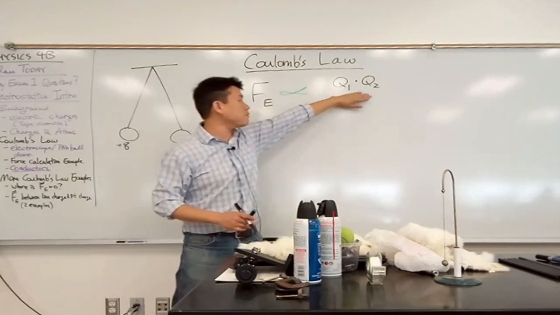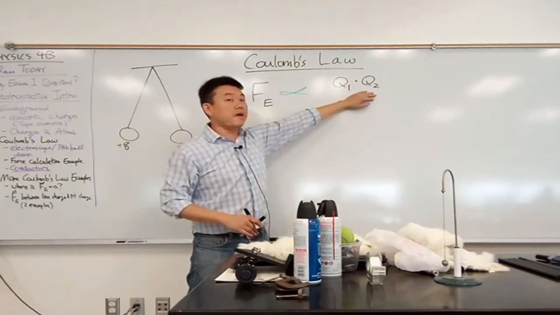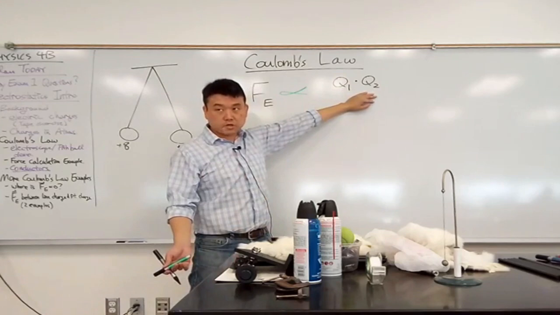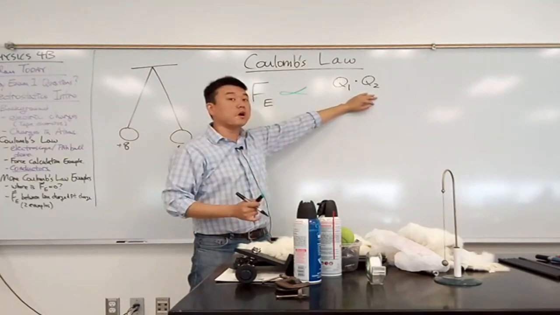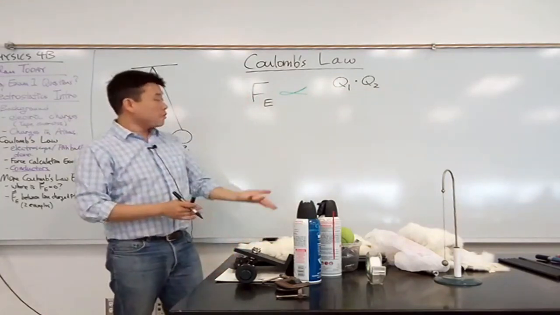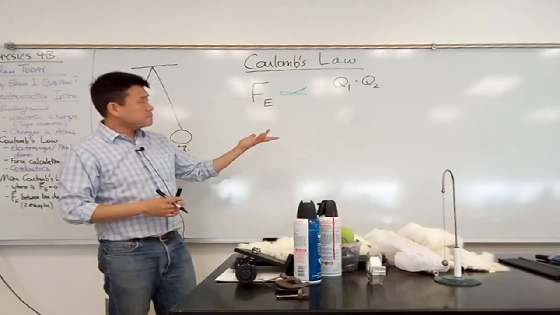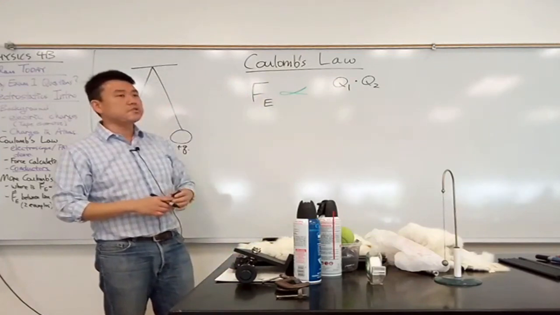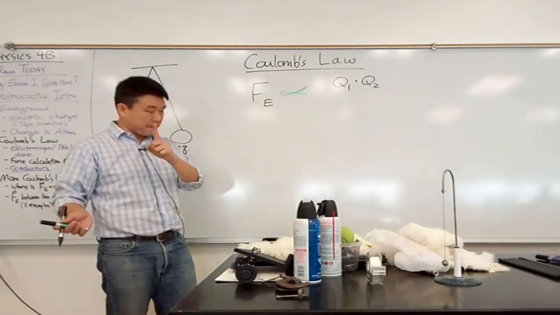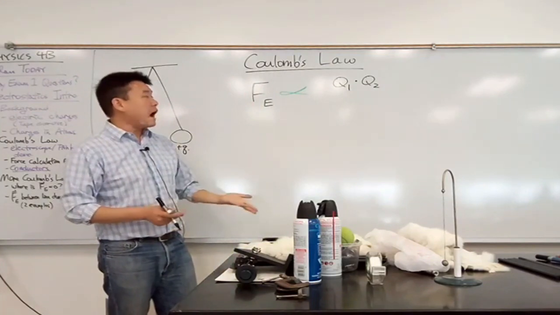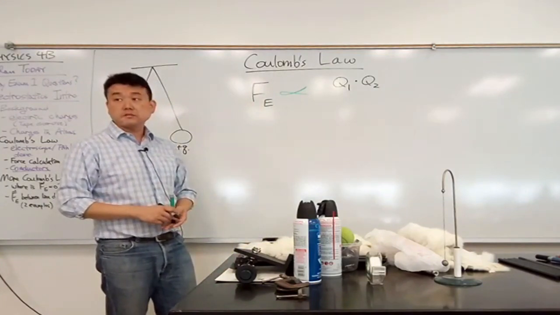So we took care of the charge portion, and we are going to take care of the distance portion, and we are going to eventually move on to the constant between them. So, just taking a guess, not the memorized version of Coulomb's law, how should it depend on the distance?